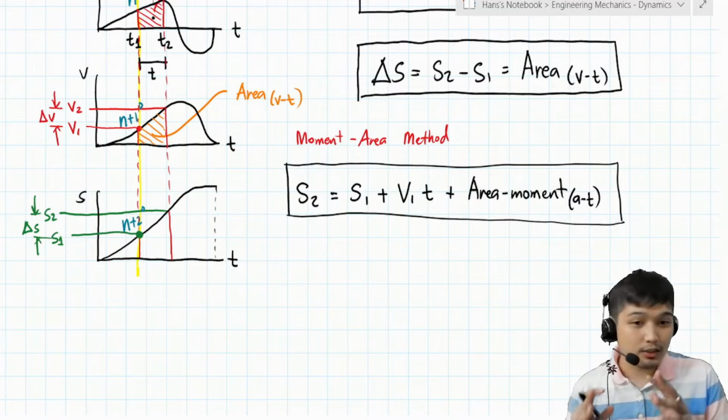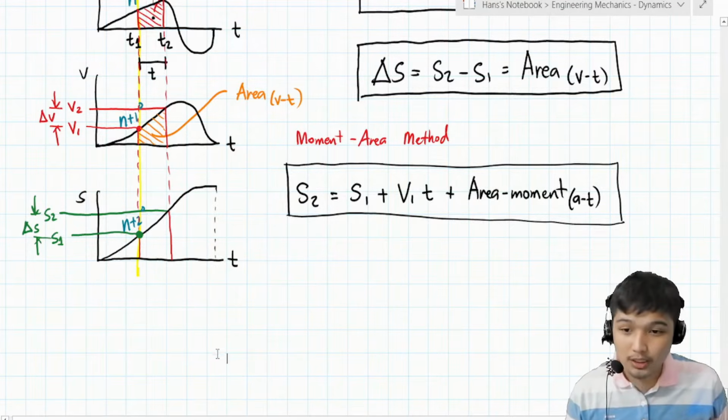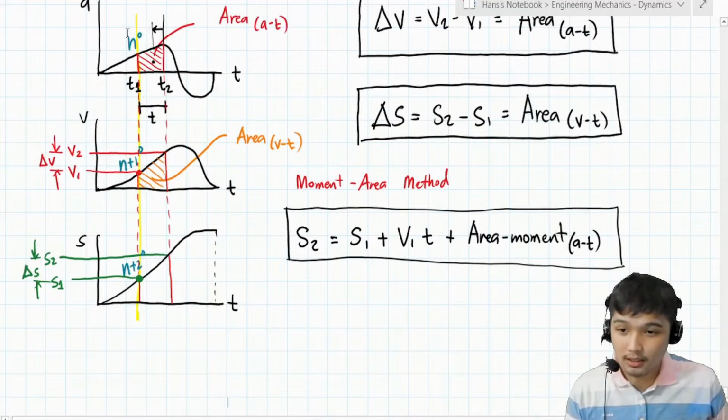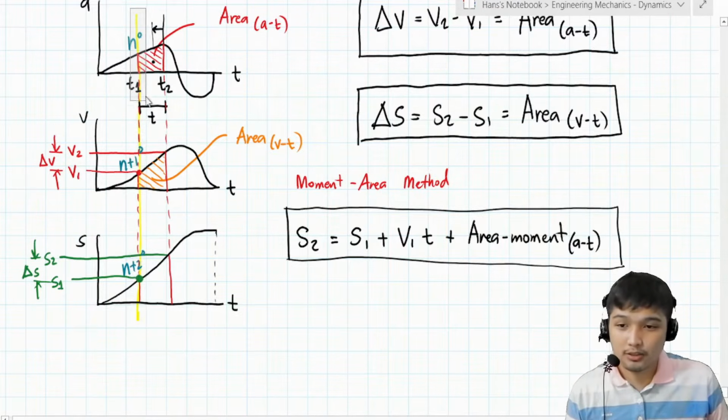Yun yung kagandahan nito guys na hindi required na doon ka magsisimula. So that's why sa pinakita ko dito, sa drawing ko, yung T1 ko is nag-start na ako at any arbitrary time T. Hindi ako nag-start at 0 para general yung discussion.